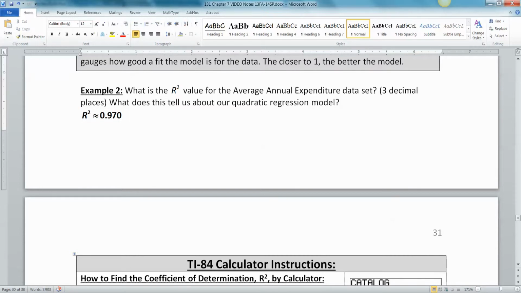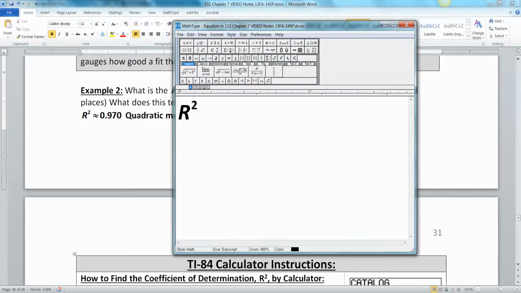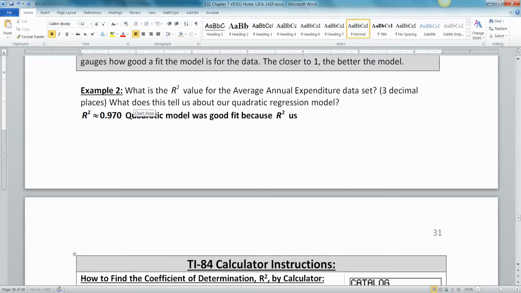All right, so what does this tell us? Well, the quadratic model was a good fit because r squared is very close to 1.